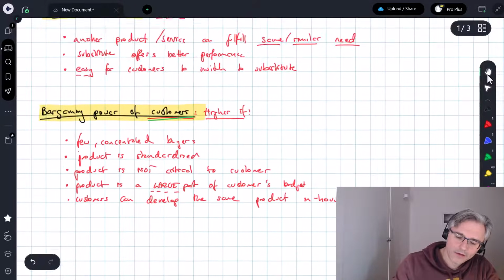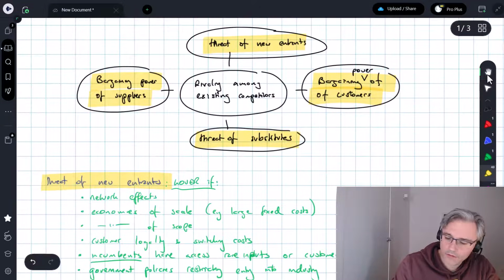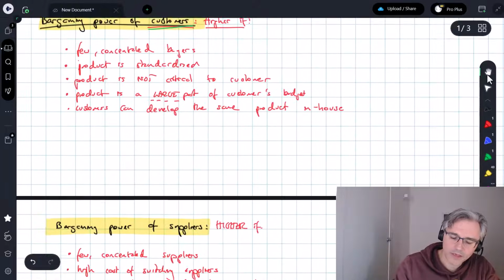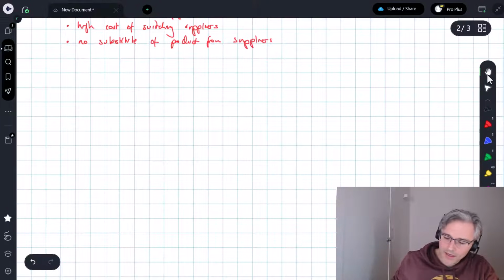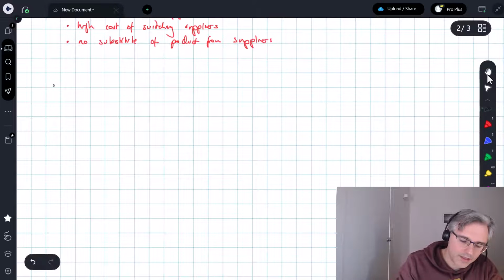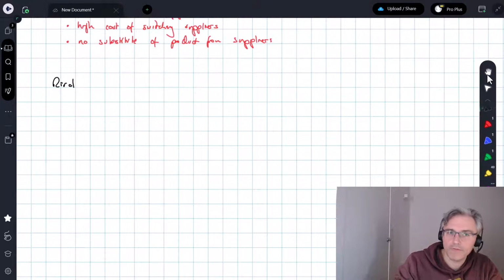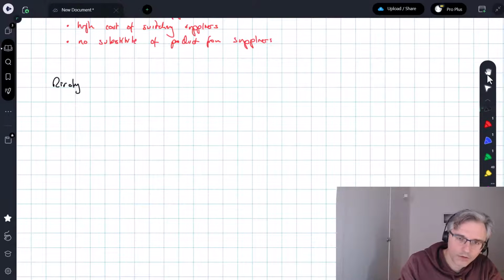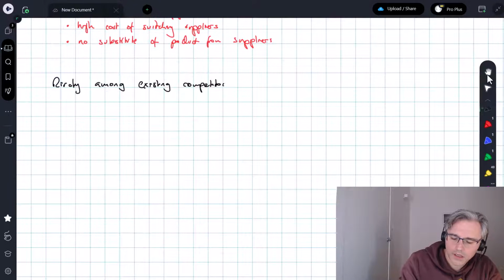And the final of these forces is rivalry among the existing competitors. Now, once again, I'm going to focus on what makes that force quite high. Rivalry among existing competitors.